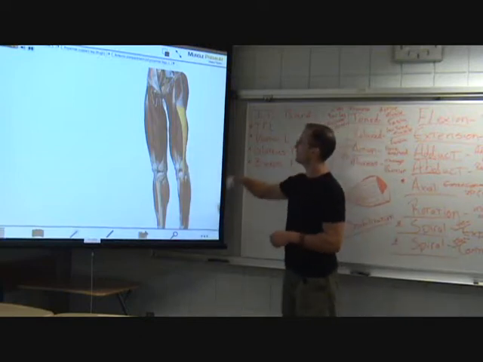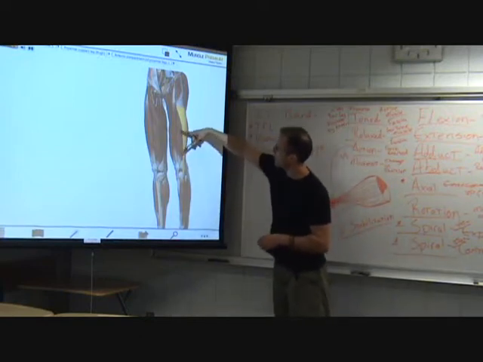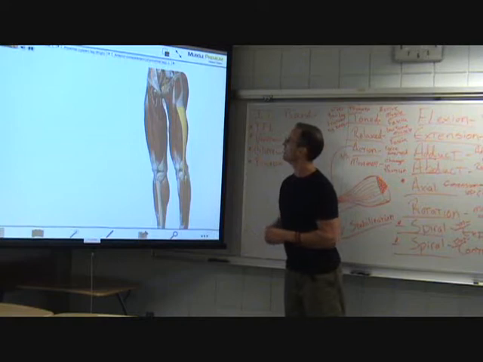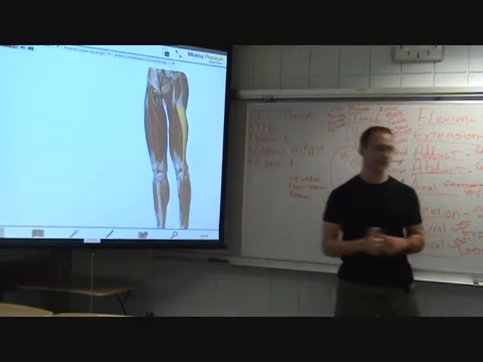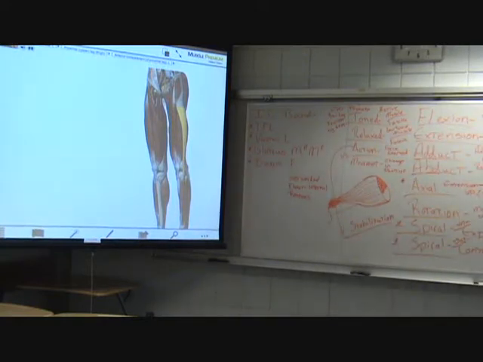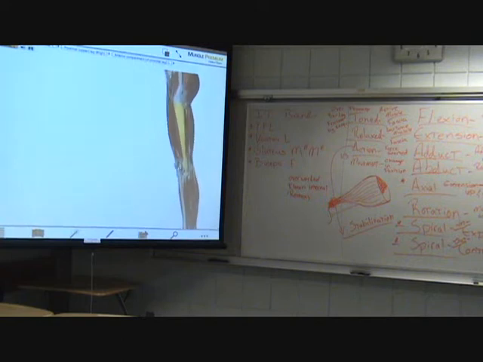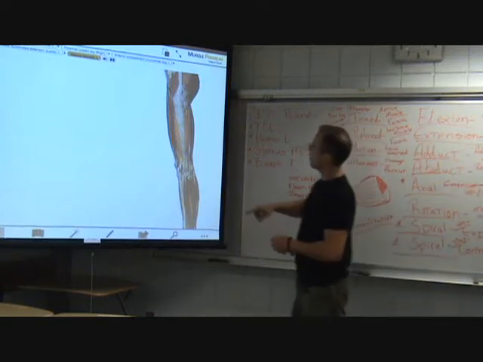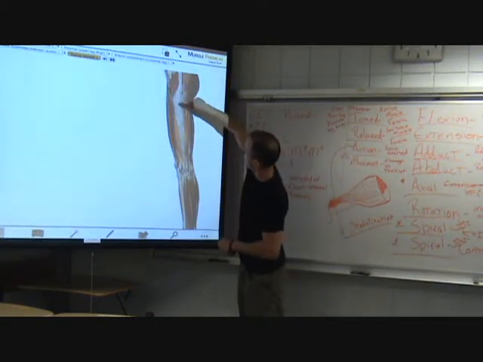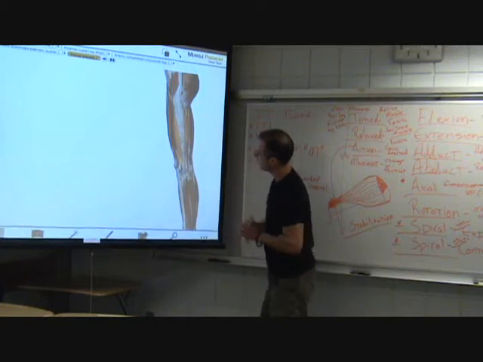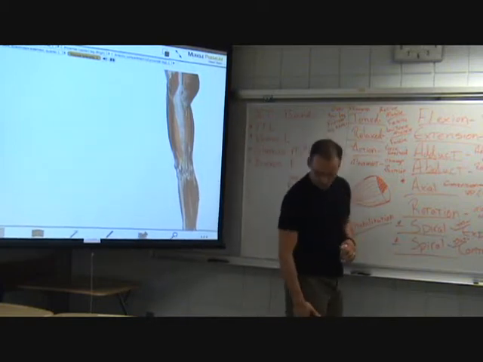This is also related to the outer quadricep muscle, and I'll give you a little bit of a different view on this. So the outer quadricep muscle, this is the track or the band coming all the way to the outer edge of the leg, so this is a side view.